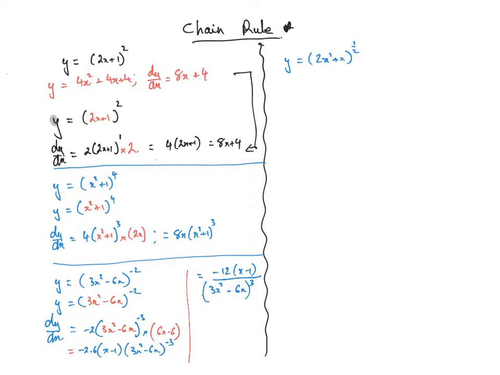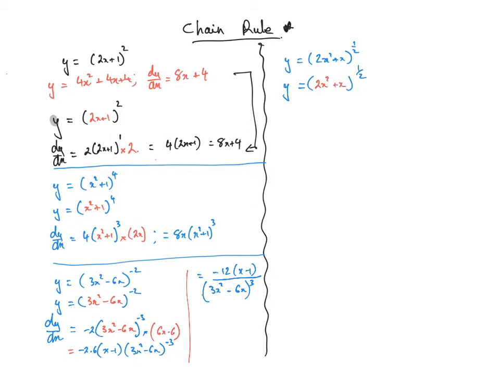All right, last one I want you to have a go at, because these are on that worksheet. Before I do that, I'm going to rewrite it as y equals the square root, that's one function, and there's 2x squared plus x as the other function.